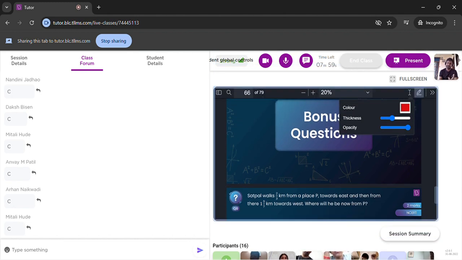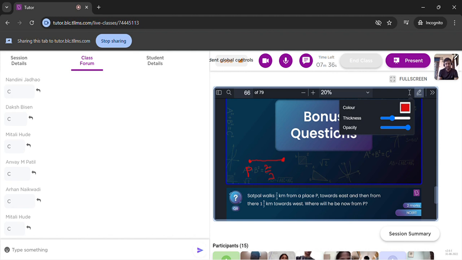First, I have to solve this one. Okay. This one is place P, and he is going towards east. How many kilometers? 2 by 3 kilometer. And then from there towards west.